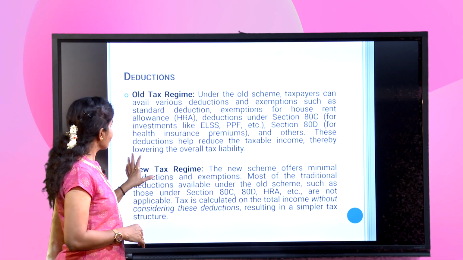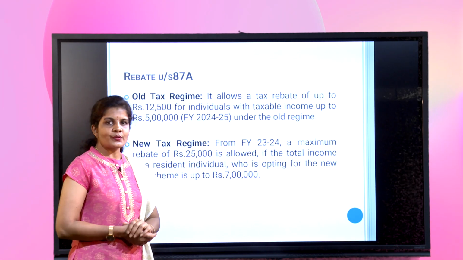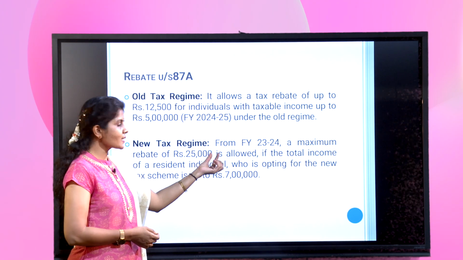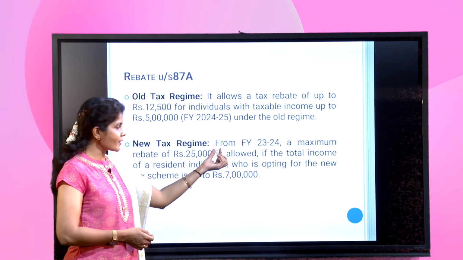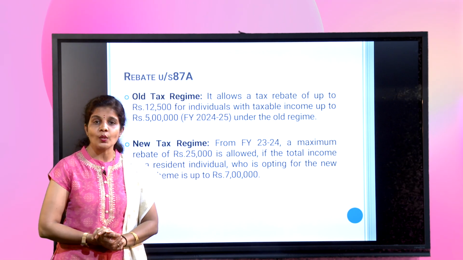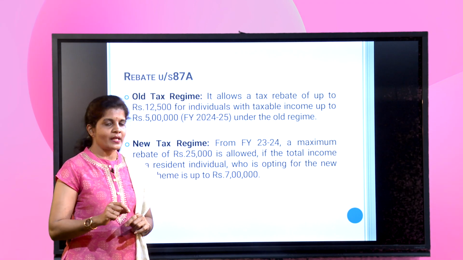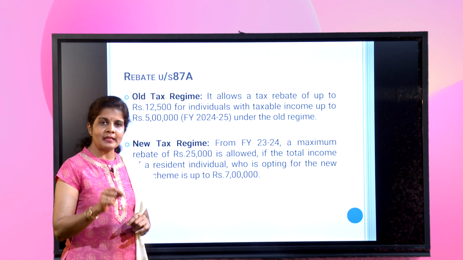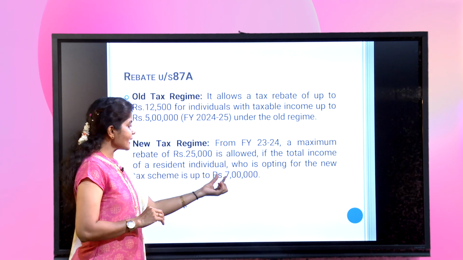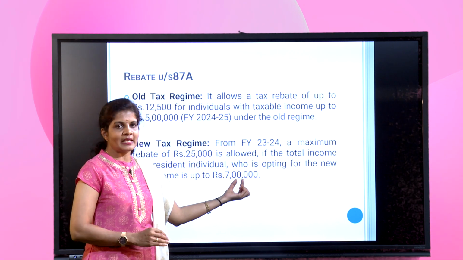Look here. From the financial year 2023-24, under the new tax regime, a maximum rebate of 25,000 rupees is allowed if the taxable income of an individual is up to 7 lakh rupees.